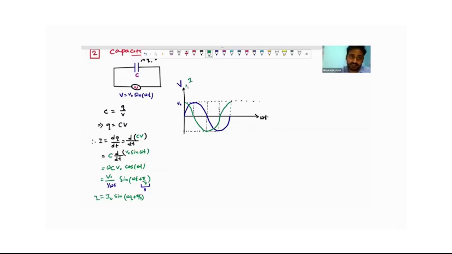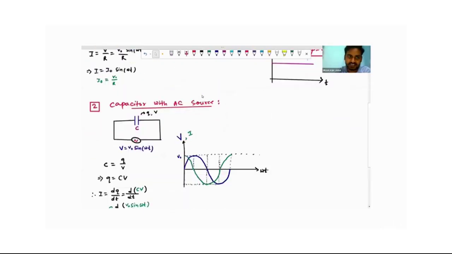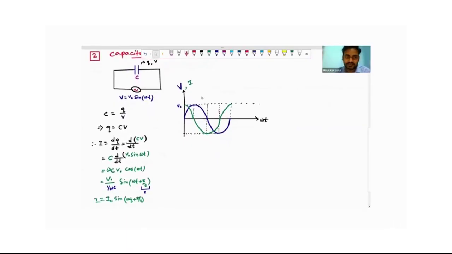Here the important thing is, earlier the phase difference between the voltage and current was 0. But in case of a capacitor connected with an AC, we see that the phase difference is 90°, or better to write pi by 2.